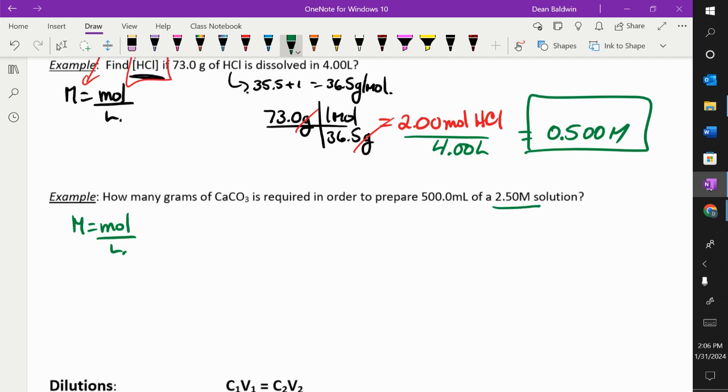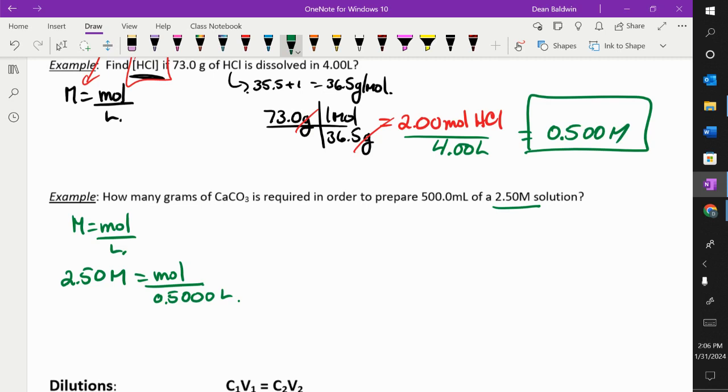So that's capital M, right? I don't have moles, but I do have 500 mL. Do I want it in mL? So 500 mL is how many liters? 0.5. 0.500 to be exact.